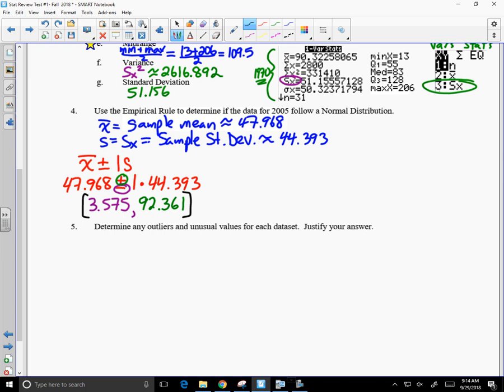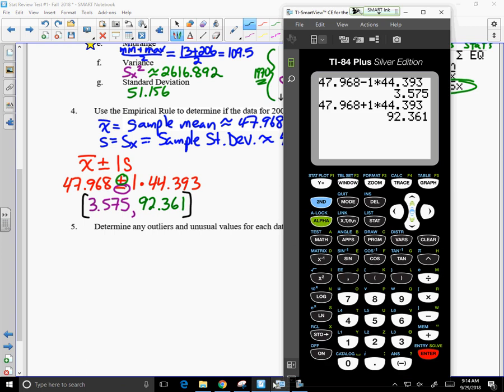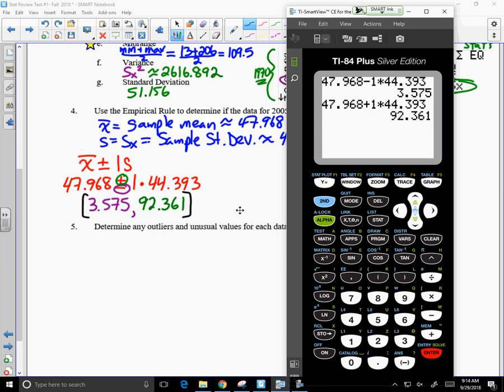This particular review problem set is a little annoying because of, again, the length of the data. So what we have to do, if you remember from the lesson on this, is we now have to figure out how many values fall in that interval, right? So 3.5 is obviously between 3 and 4, and this 92.3 is obviously between 92 and 93.